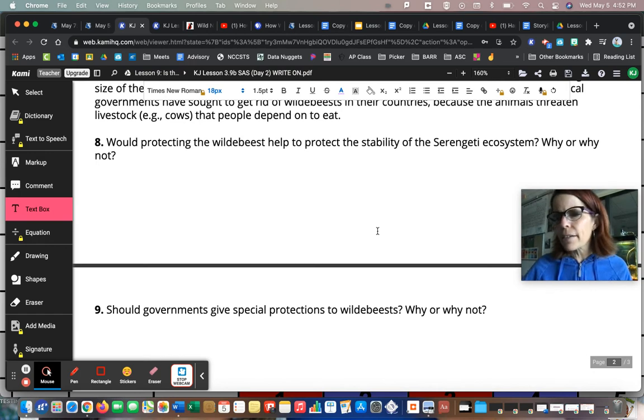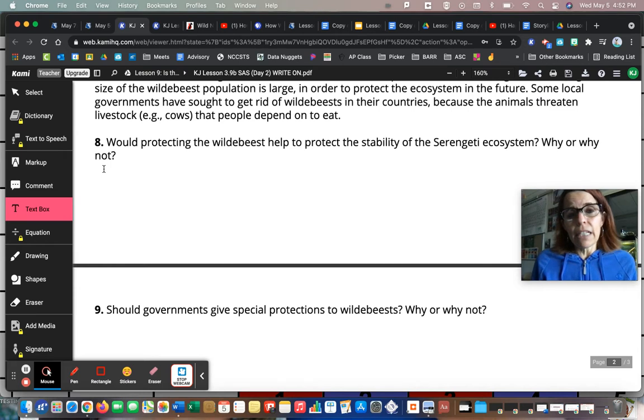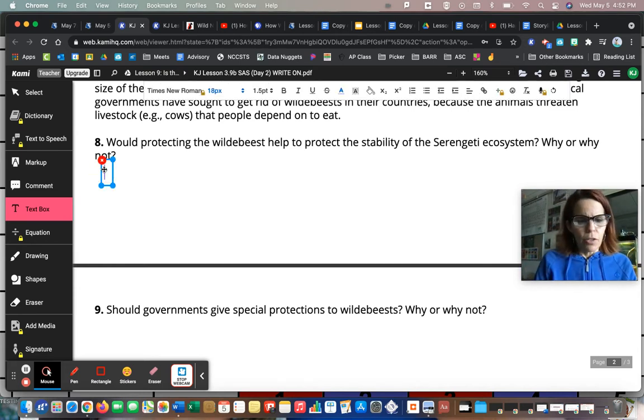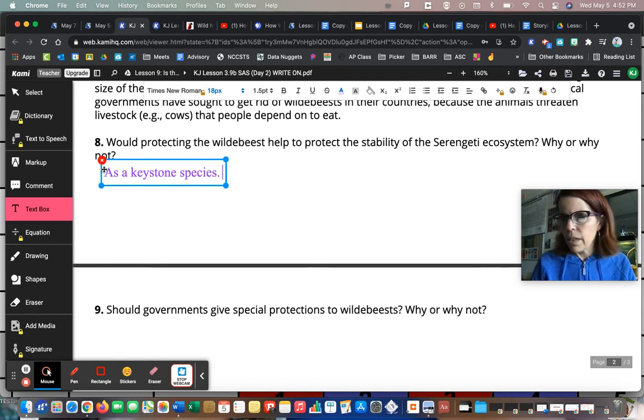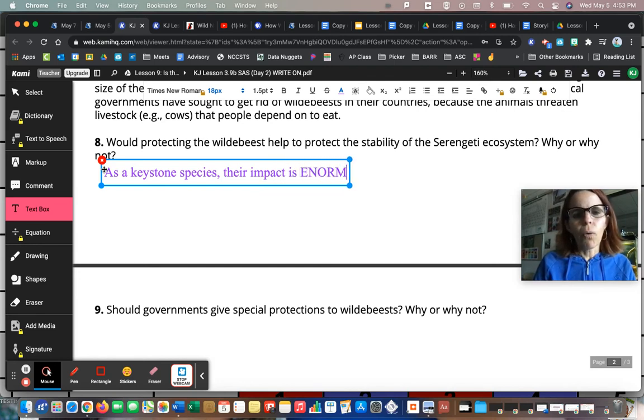Why or why not? So the wildebeest, we think we've got great evidence that they're a keystone species. So as a keystone species, their impact is enormous, right?